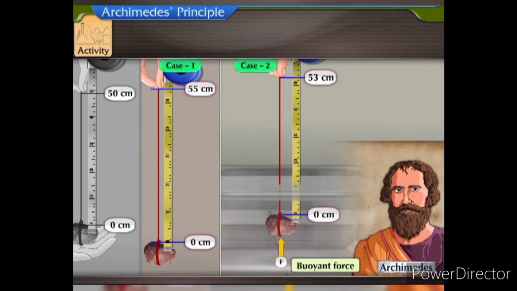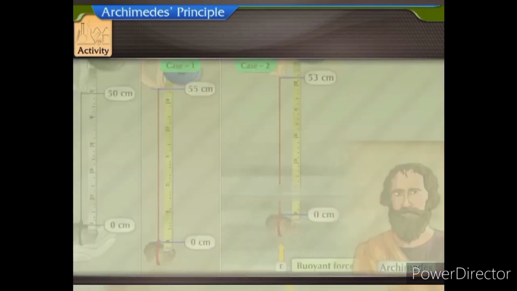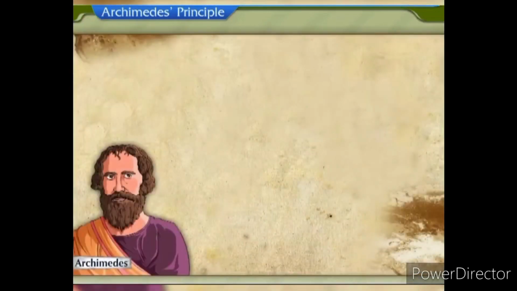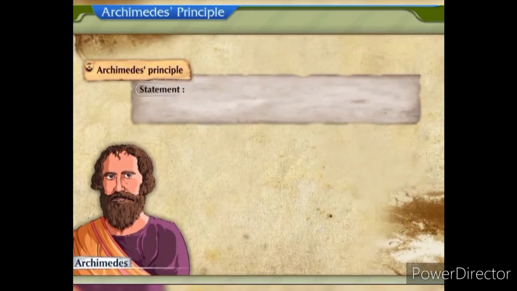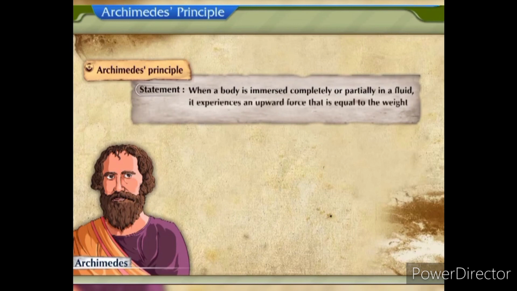The magnitude of this buoyant force can be determined by Archimedes' principle. Statement: when a body is immersed completely or partially in a fluid, it experiences an upward force that is equal to the weight of the fluid displaced by it.